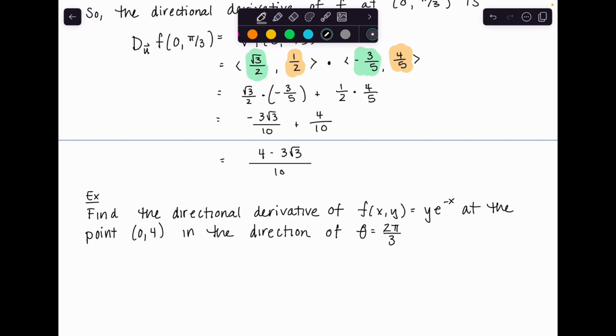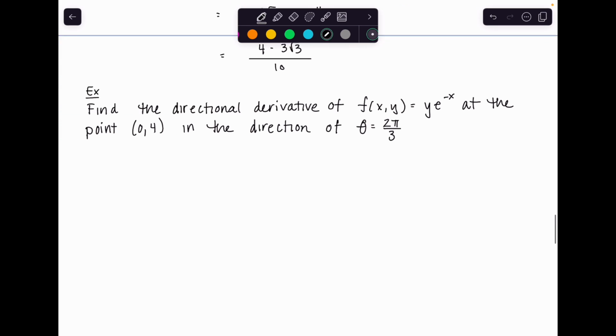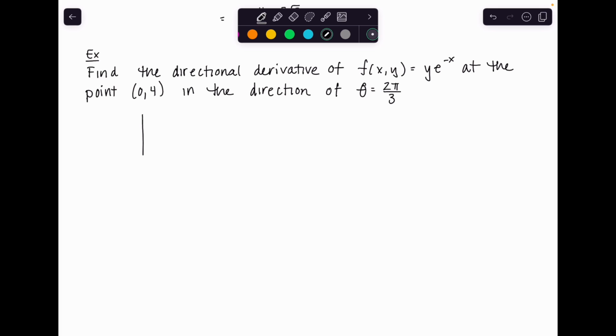So the problem here is they have not given me the vector. They've just told me in the direction of a specific angle. But if you think about that, it's just a two-dimensional vector.